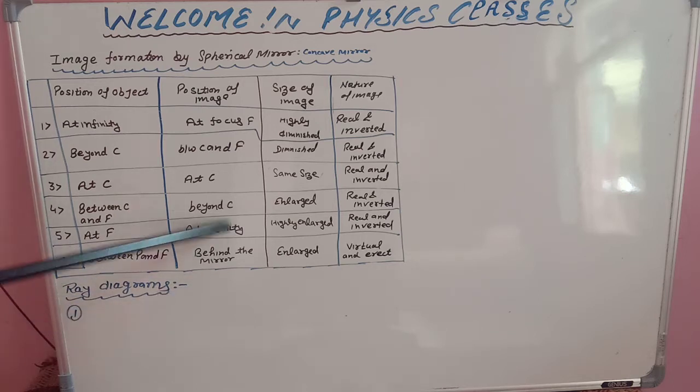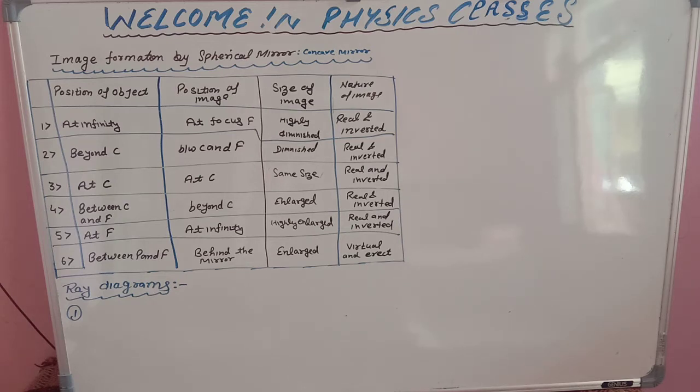So this last case, maximum time they are asking in exams. In MCQs also they are asking. They can ask you that if object is between pole and focus, where will be the position of image? Then you will get so many options. They can ask that what will be the size of the image if object is between P and F. Options you can get: highly diminished, diminished, same size, or enlarged.